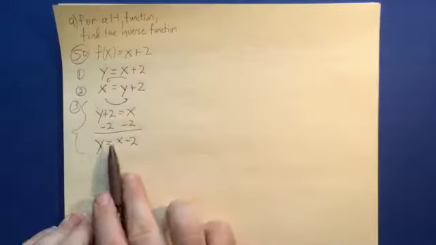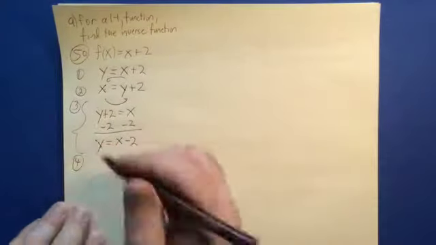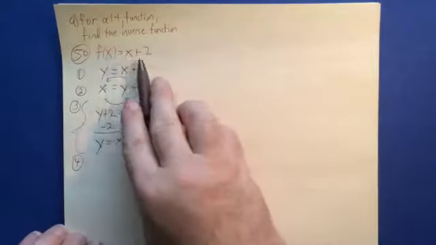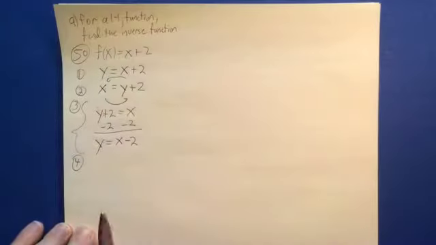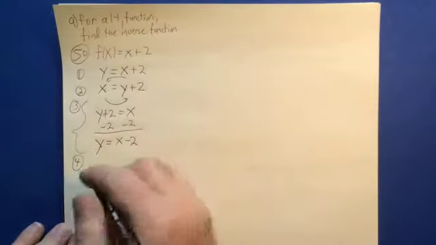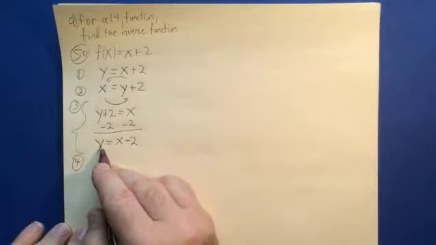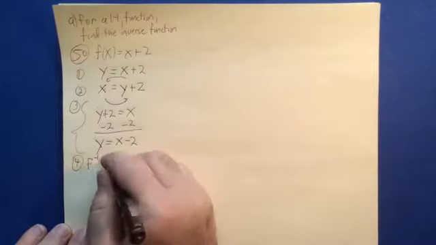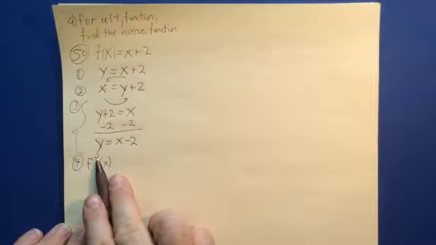So after we're done with this, step 4 now is we're going to take a look at what's called inverse function notation. So if we have f of x is equal to x plus 2, and what we figured out here is the inverse function, we're not going to replace this with f of x. We're going to replace this with what we call f of negative 1 of x, or f inverse of x.